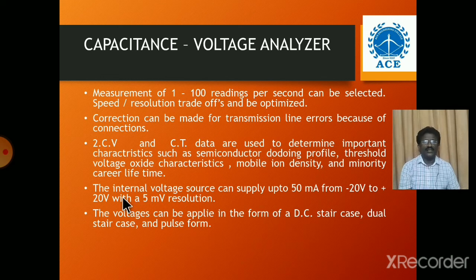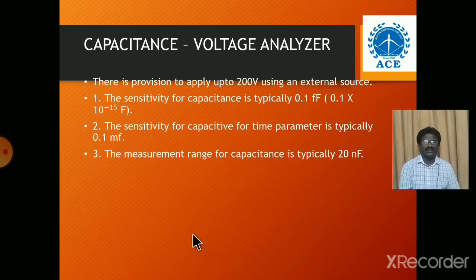The internal voltage source can supply up to 50 milliamps from minus 20 volts to plus 20 volts with 5 millivolts resolution. The voltage can be applied in the form of DC, staircase, dual staircase and pulse form. There is also a provision to apply up to 200 volts using an external source.